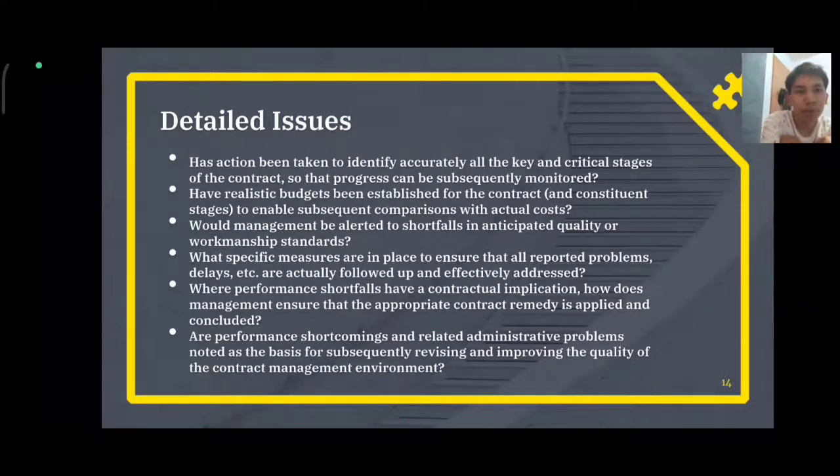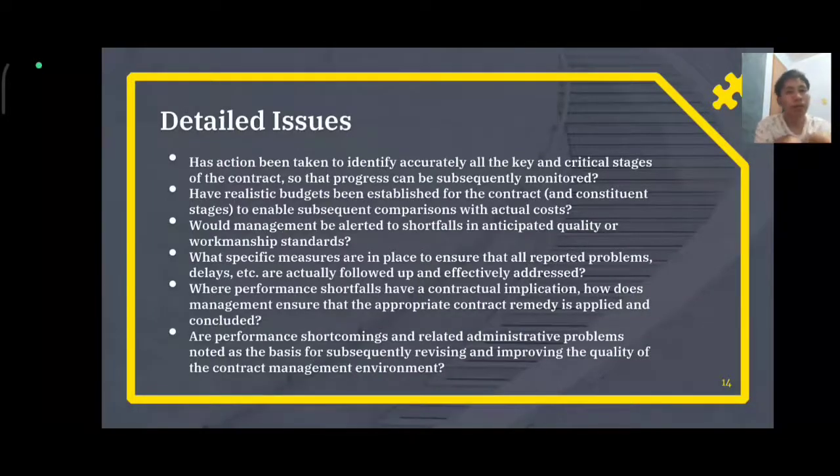Second is, have realistic budgets been established for the contract. Would management be alerted to shortfalls on anticipated quality or workmanship standards? Then what specific measures are in place to ensure that all reported problems, delays, etc. are usually followed up, effectively addressed?